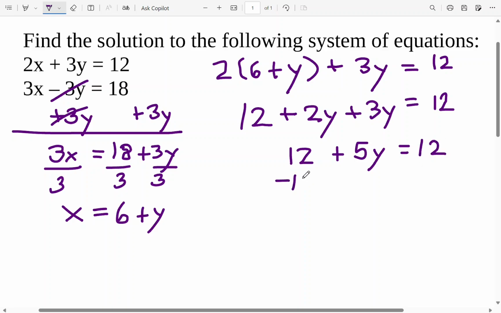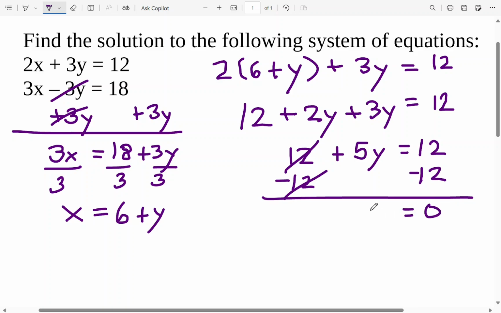We subtract 12. These 12's cancel, 12 minus 12 is 0. So 5y equals 0. Divide by 5, and we get y equals 0.